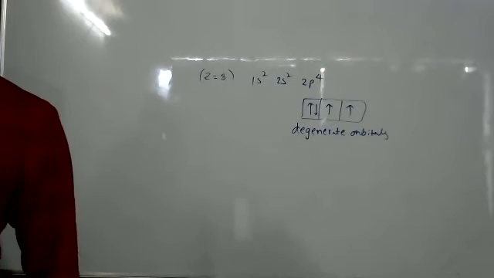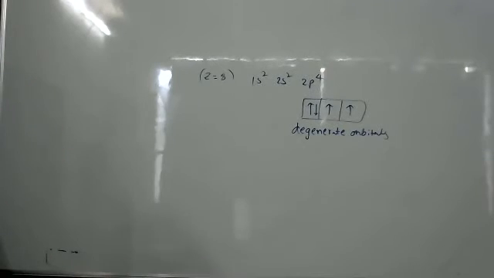Next, Ananya. Yes, sir. For the electrons of an oxygen atom, which of the following statements is correct? A, Z effective for an electron in a 2s orbital is the same as Z effective for an electron in a 2p orbital. B, an electron in the 2s orbital has the same energy as an electron in the 2p orbital.